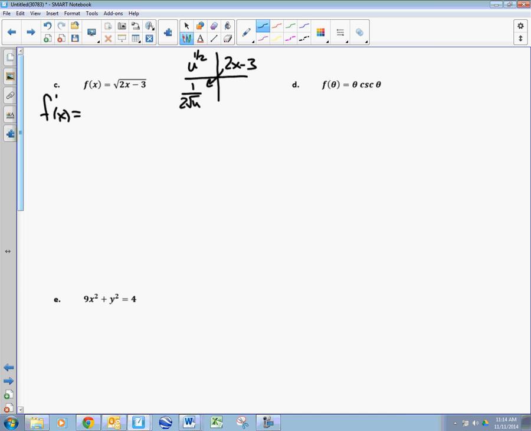One over 2 roots of u. You wrote 1/2 u to the negative 1/2. That's fine, but then the square root just comes to the denominator. And then the derivative of 2x minus 3 is 2. Multiply them, and you just have 1 over the root of u, correct? Or 1 over the root of 2x minus 3.